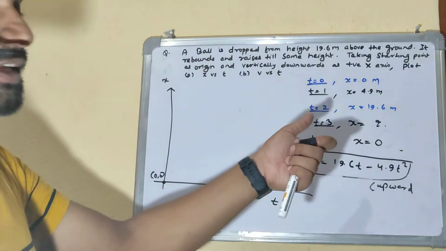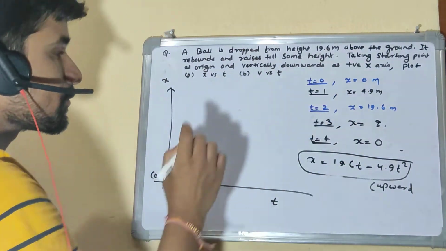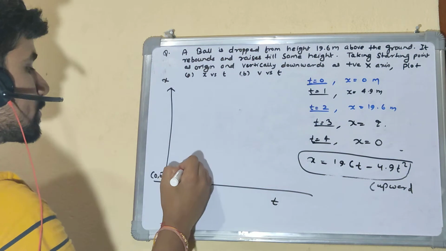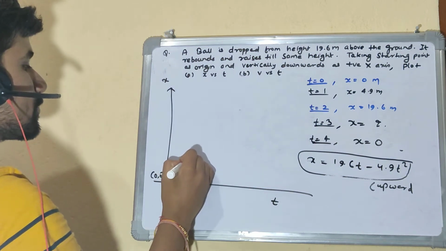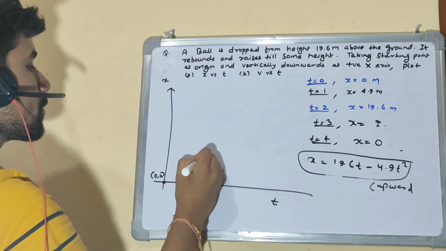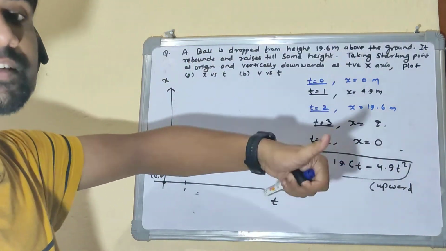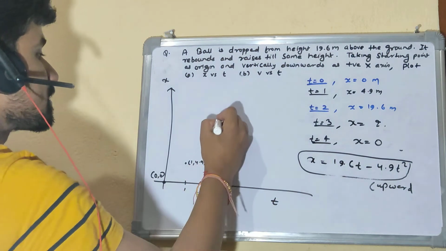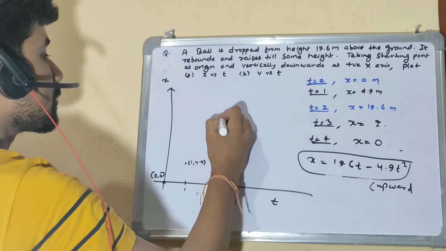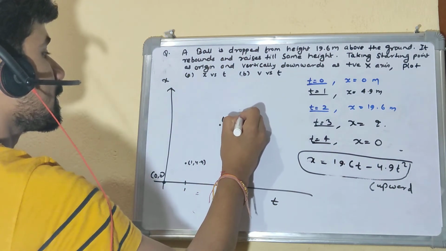At t equal to 1, x is at 4.9, so this is 1 comma 4.9. At t equal to 2, x is at its maximum distance, which is 19.6.